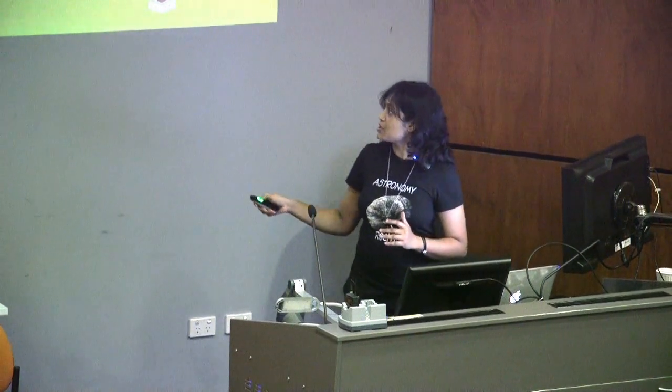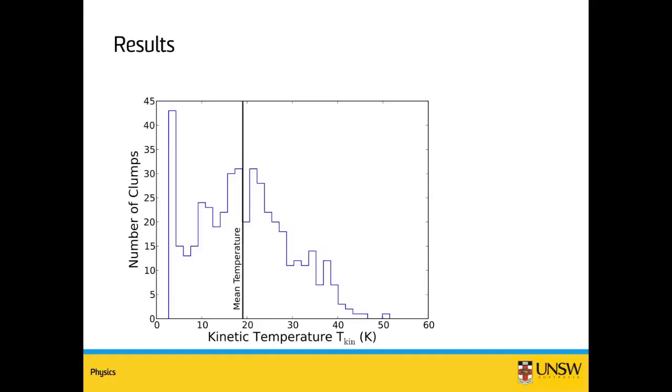And also a few other properties I can find from there. So with the kinetic temperature, you can see how many clumps have what temperature. If you plot it up, you see something like this. The mean temperature is around 20 Kelvin for all my massive star formation clumps.